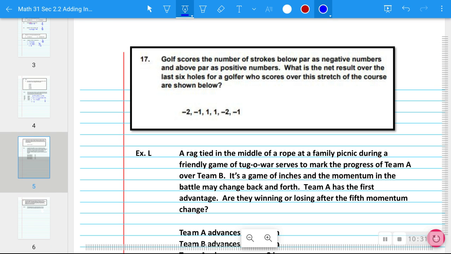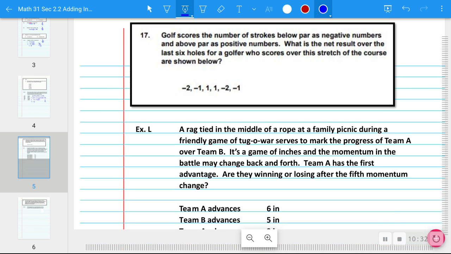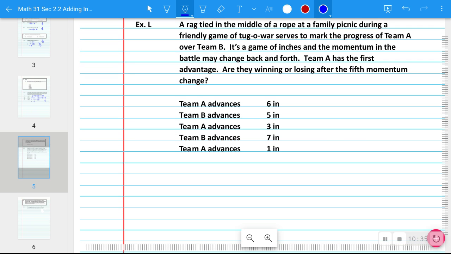Okay, this is a very similar problem. What we have here on example L is a tug of war between two families at a picnic, Team A and Team B. And we're going to arbitrarily say that when Team A advances, it's positive, and when Team B advances, it's negative. And we'll see who's going to win in this tug of war here. So 6, Team A's ahead.